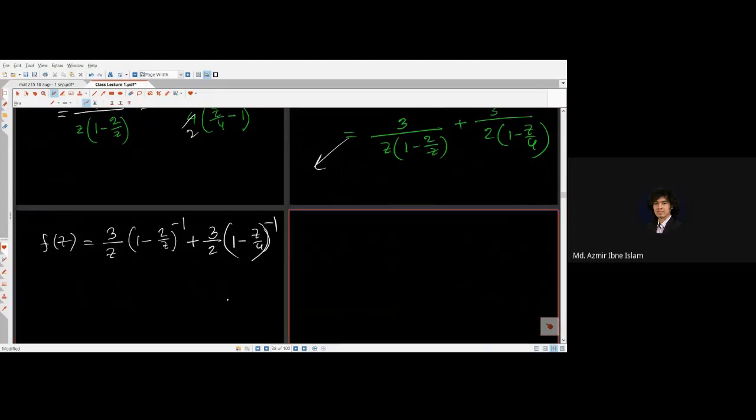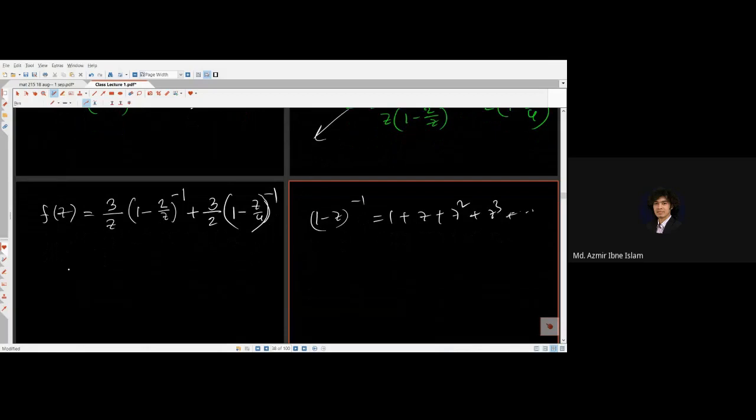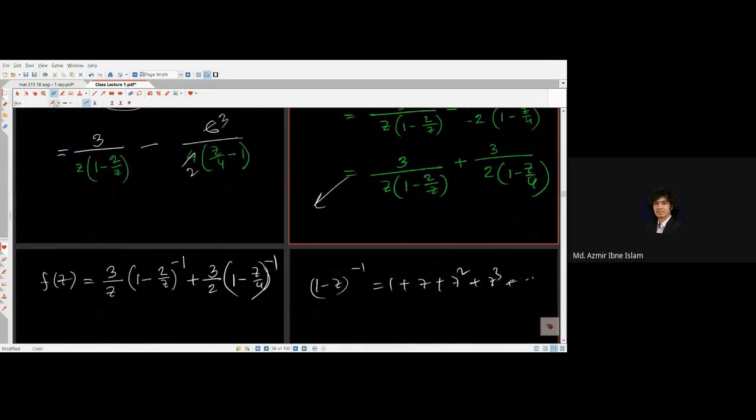Now it goes with the formulas. If we have 1 negative z power negative 1, then we can write 1 plus z plus z squared plus z cube up to infinity. So we are done. Now we can use the formula. That is, step 5 is to use formulas.